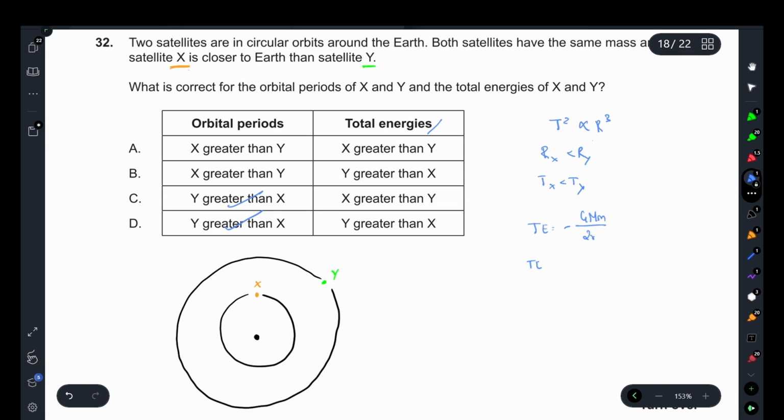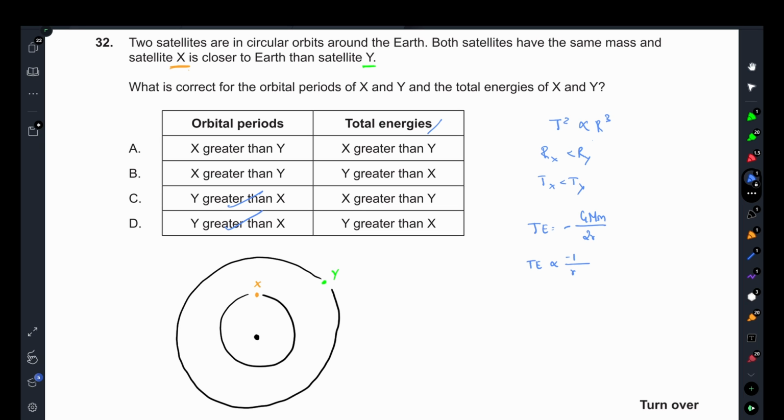Now this means that total energy is proportional to minus 1 by r. Now this is where most students get confused. We might just consider total energy inversely proportional to r, but because we have a negative symbol, it changes things up a little bit.